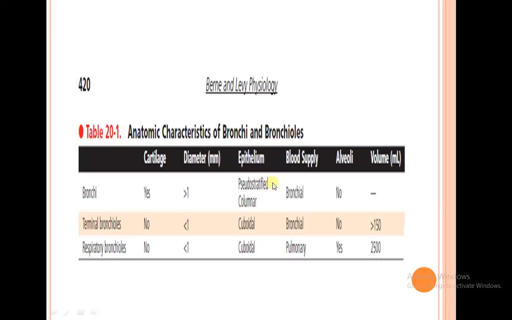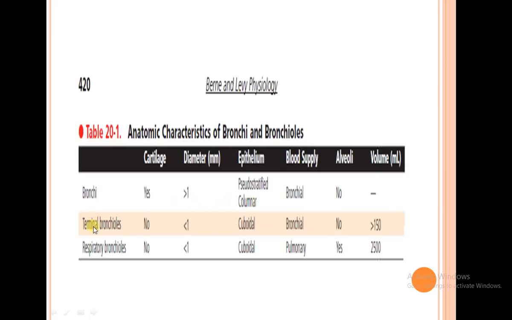Now this table shows us the different divisions of the airways and their structural characteristics. Like bronchi, they have cartilages in their wall. Their diameter is greater than 1 millimeter. Their epithelium is pseudostratified columnar and is ciliated.